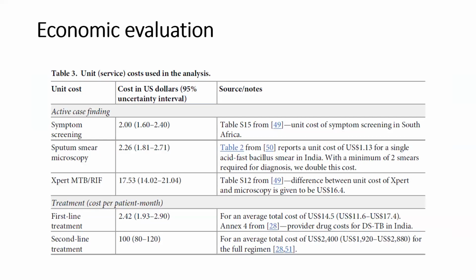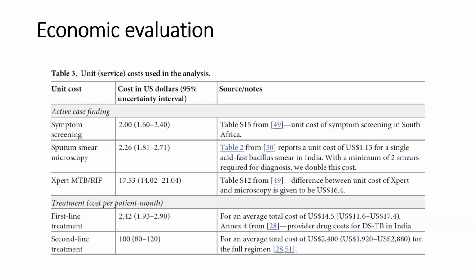To carry on with the economic evaluation, as I mentioned, with the active case finding they did symptom screening and sputum smear screening, and these were the costs in USD, as well as Xpert, which was a little more costly than both of the active case finding steps combined. They also showed the treatment cost of both second-line and first-line treatment.